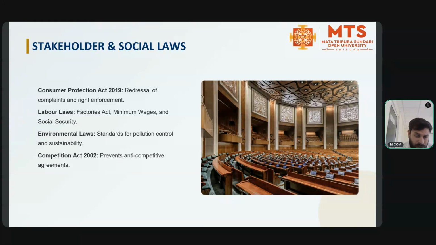Environmental laws, standards for pollution control and sustainability. The government from time to time forms or establishes different environmental laws for protecting biodiversity and the environment so that our next generation can enjoy it.